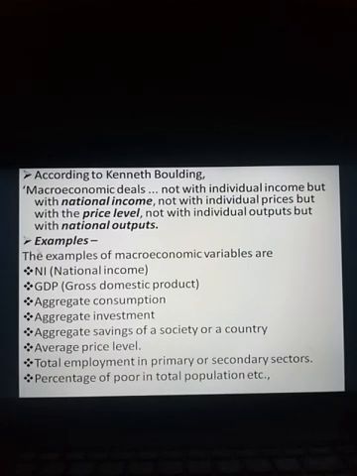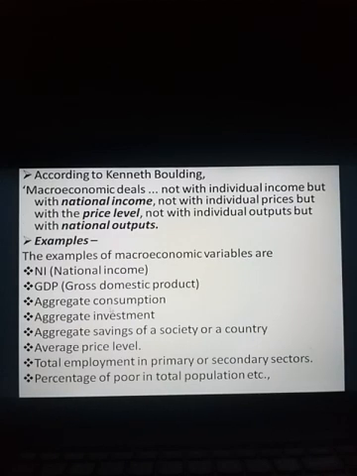Anyway, now the macroeconomic examples. Variables are as follows. One, NI or national income. Two, GDP, that is gross domestic product. Third, aggregate consumption. When I say aggregate consumption, it is the total value of goods and services consumed.